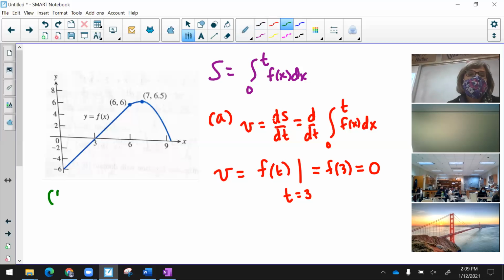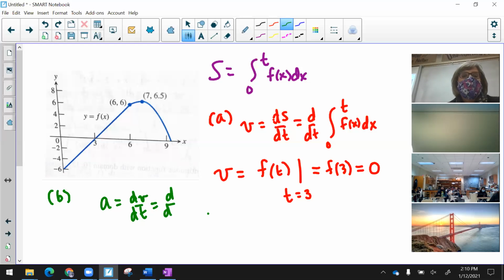Katie, read us part B. Is the acceleration of the particle at time t equals 3 seconds positive or negative? How do I get acceleration? It's the derivative of v. So the acceleration is going to be dv dt, which means I'm taking the derivative of f of t.